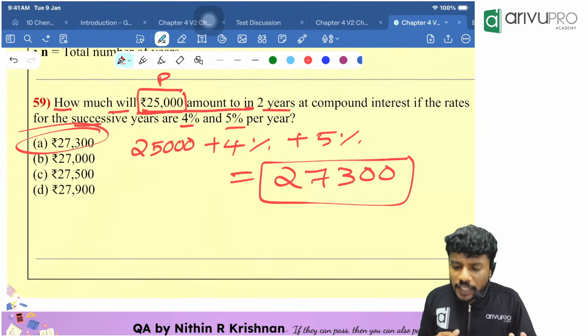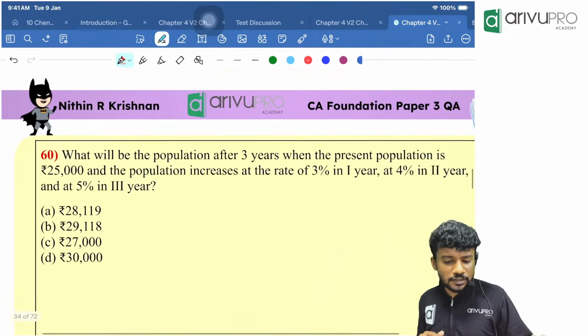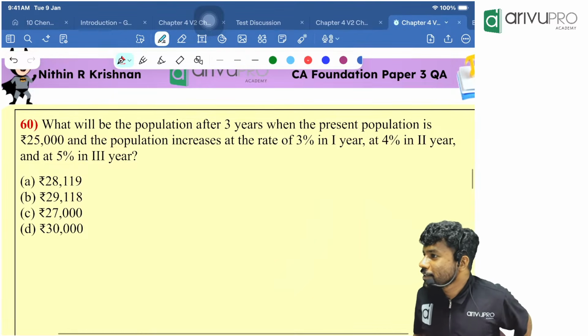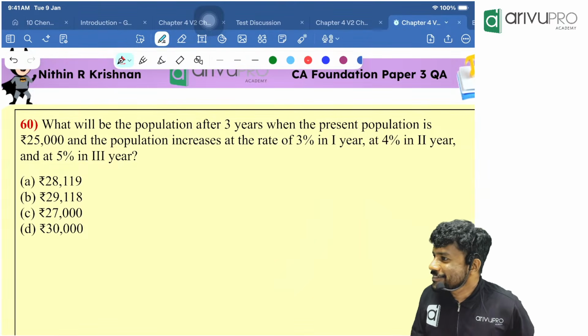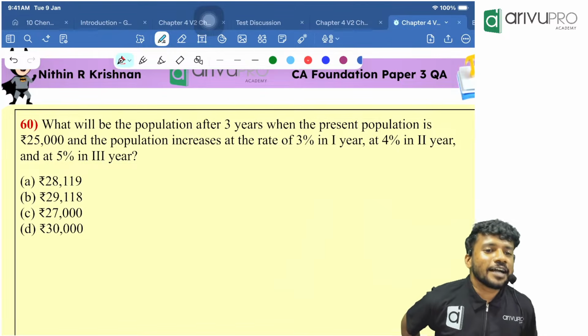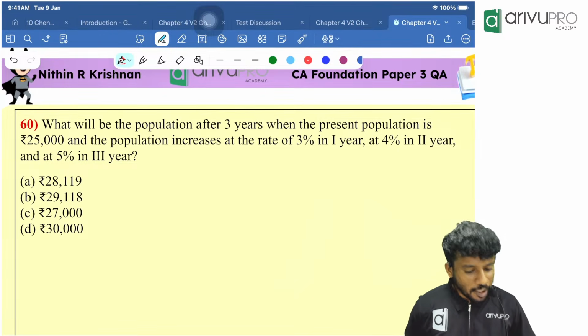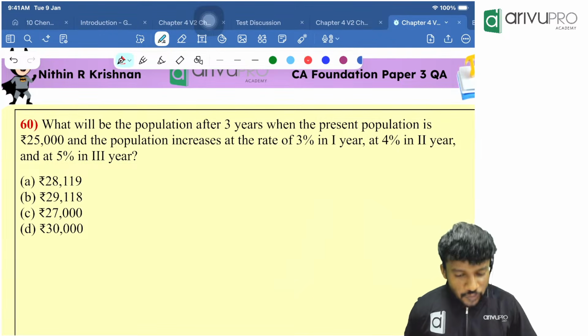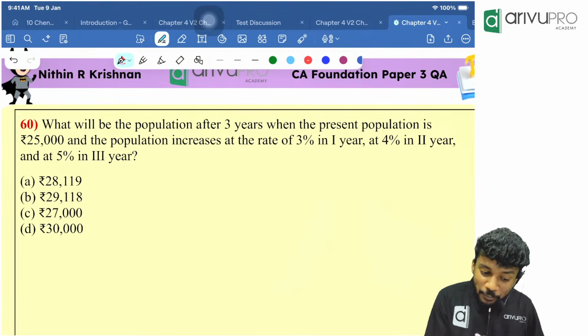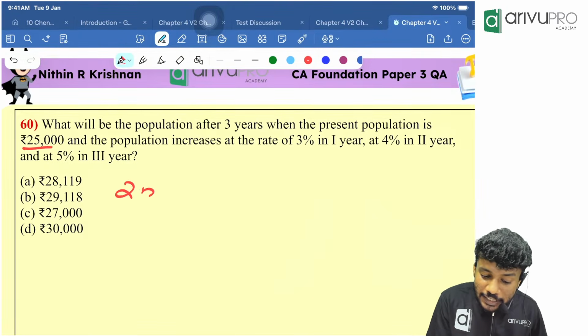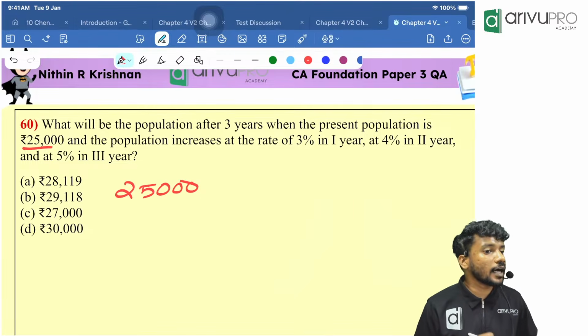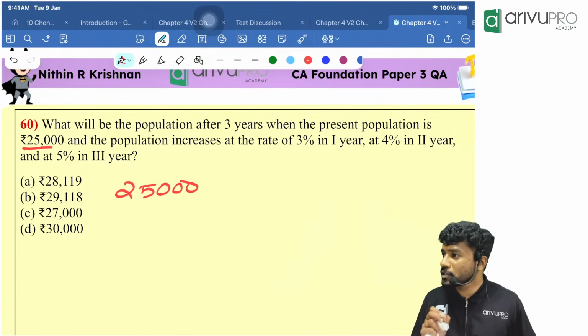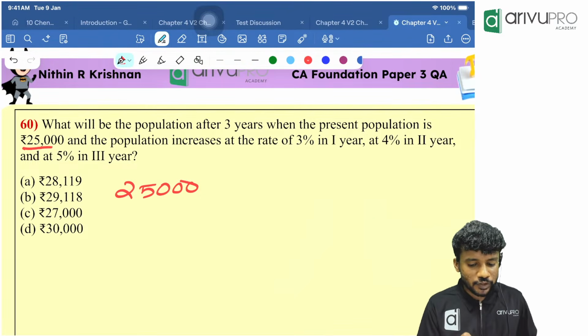So sometimes you can find such a question like this. Try. What will be the population after 3 years, if the present population is 25,000? Current population, or the principal amount, is 25,000.